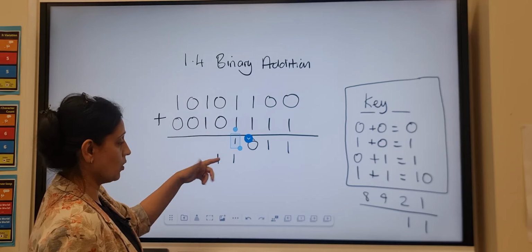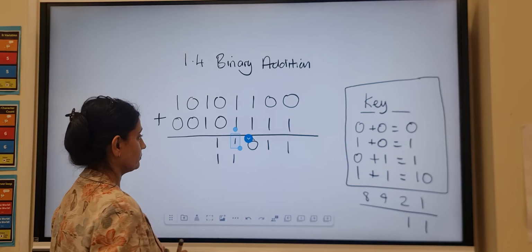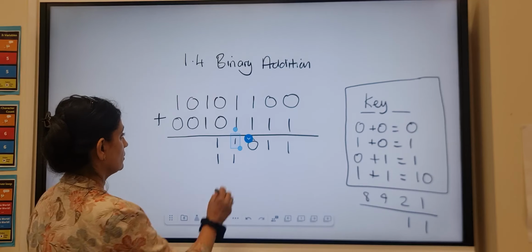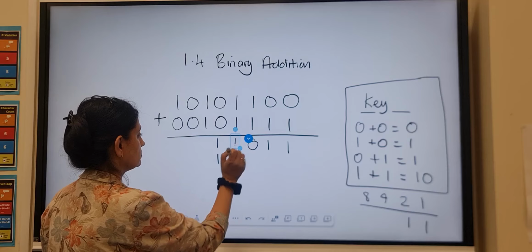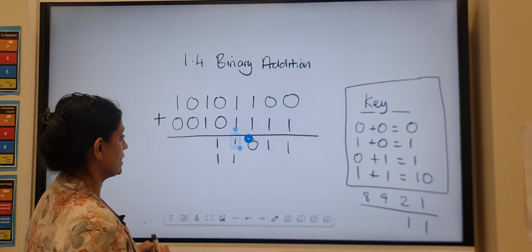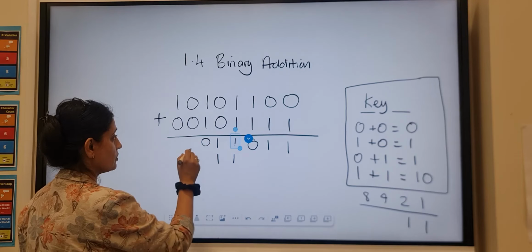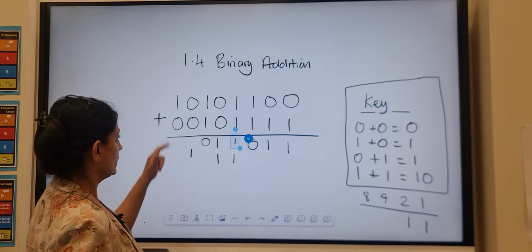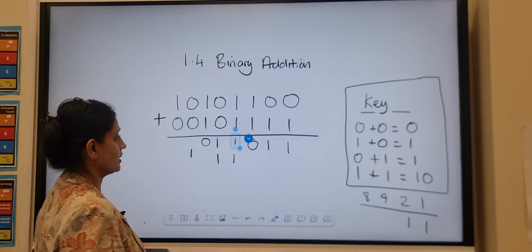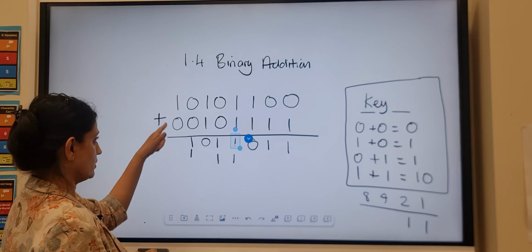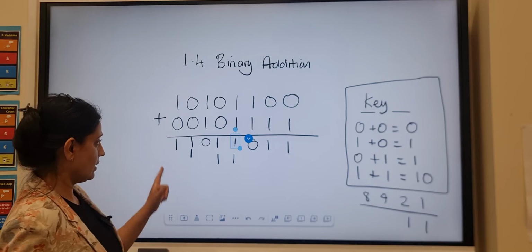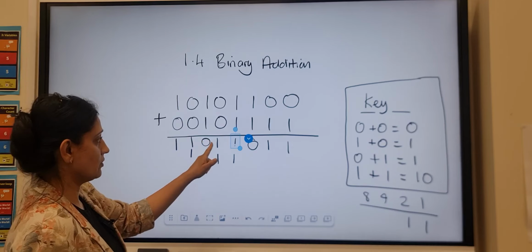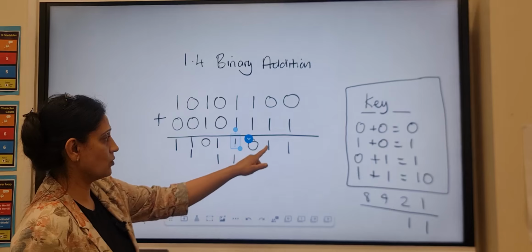So now don't forget that one there. 0 plus 0 plus 1, as you know, is 1. And 1 plus 1 is 2, so that's 0, carry the 1. 0 plus 0 plus 1 is 1, and 1 plus 0 is 1. Now our answer is 1, 1, 0, 1, 1, 0, 1, 1.